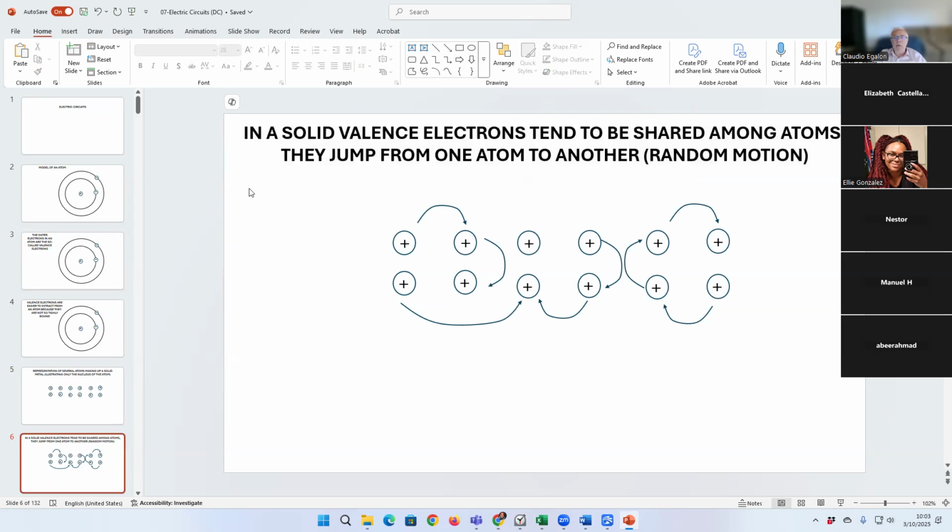They jump from one atom to another in a random motion. Can you picture that? Maybe I should draw a small electron here. Negative, right? I'm going to make it smaller.